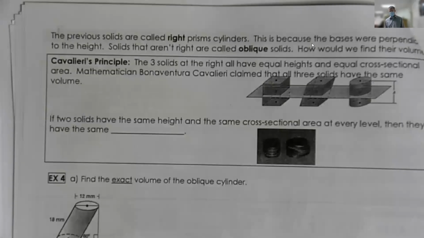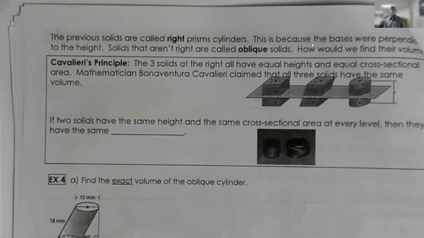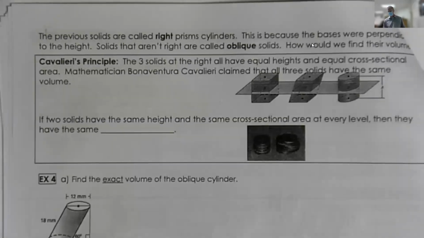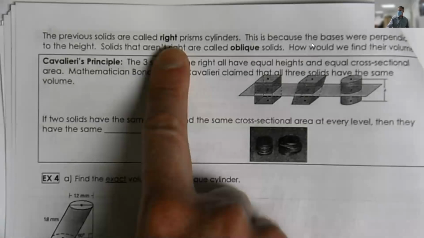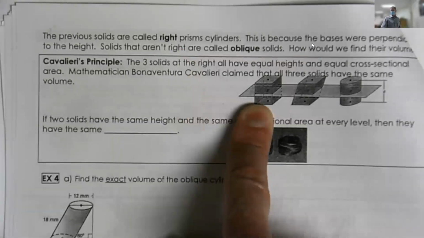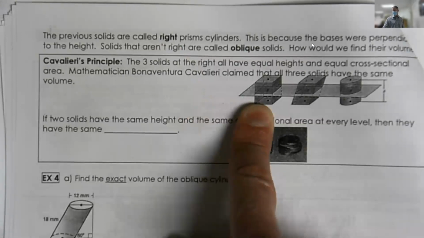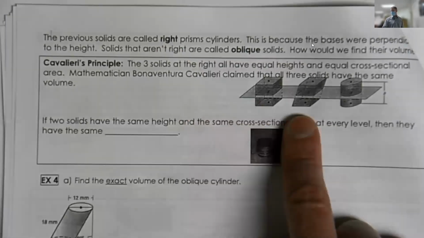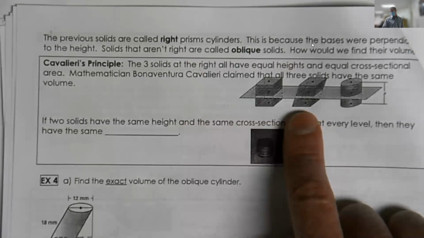So here we're talking about right prisms. We've used that terminology already. Those are ones that are standing straight up. All right, that would be considered a right prism or a right cylinder. Even if it's slanted, right?